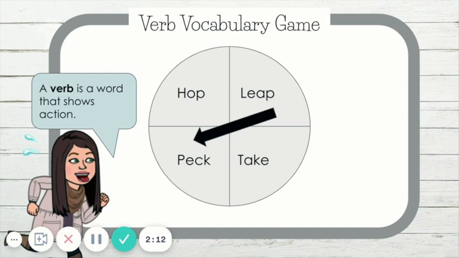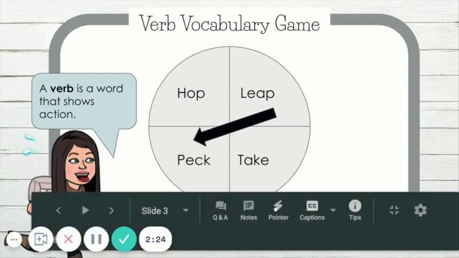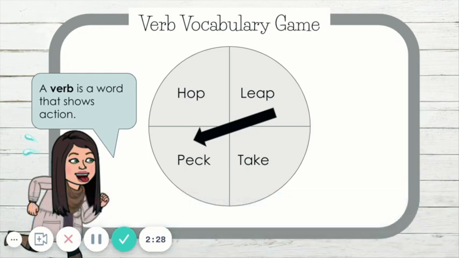All right, act like a bird and show me how you would peck at something. Good job. What body part does a bird use in order to peck? That's right. Birds use their beaks when they want to peck.